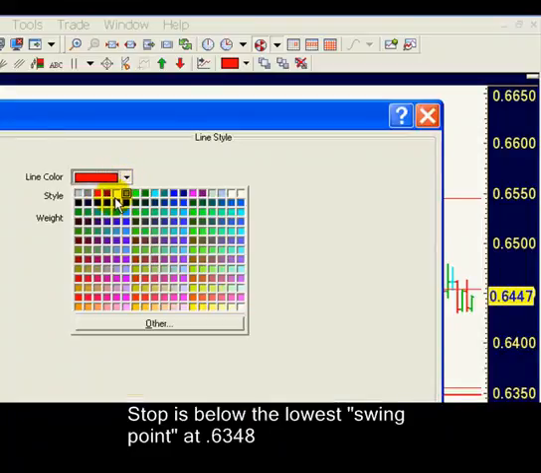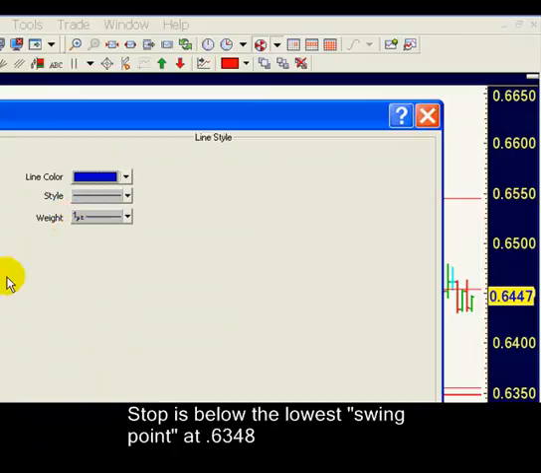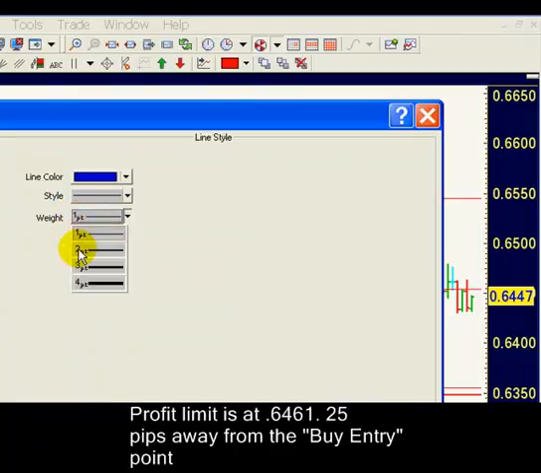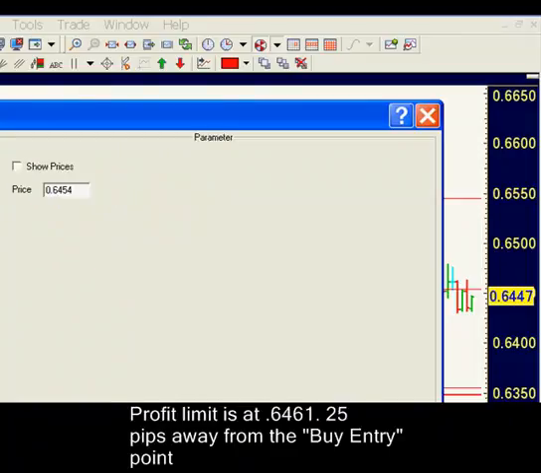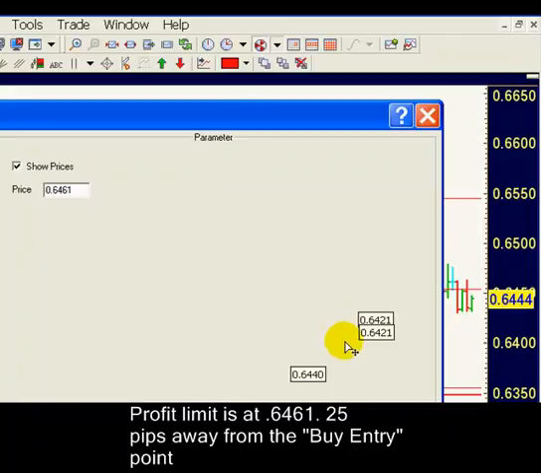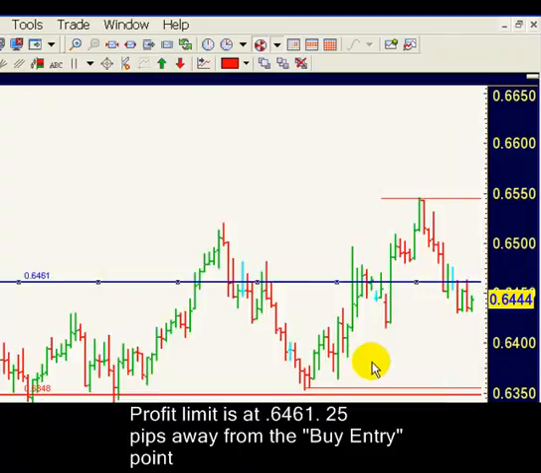Computer's a bit slow this morning, never mind. 61. So price gets up to there, that's where we're going to take our profit. I just put lines in here just to indicate where it would be. There my profit line is, that point.